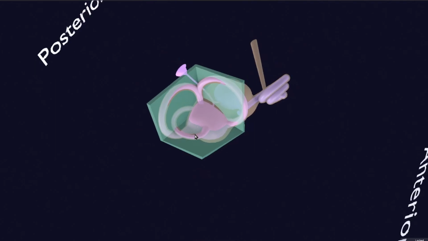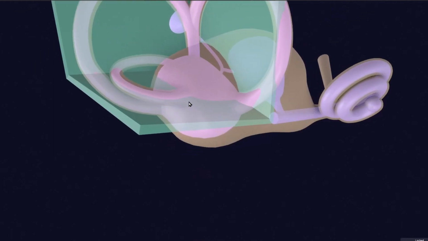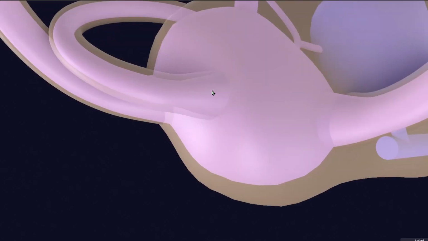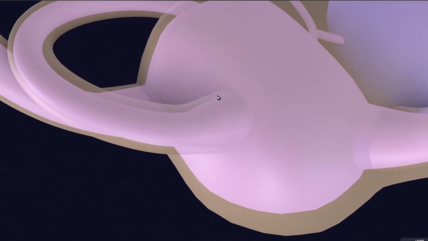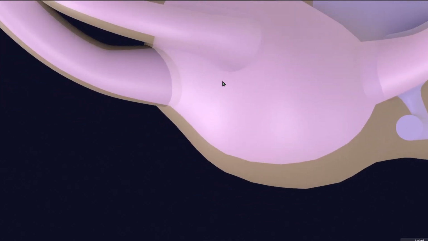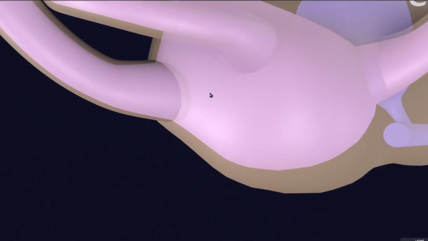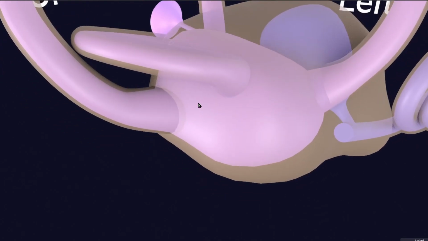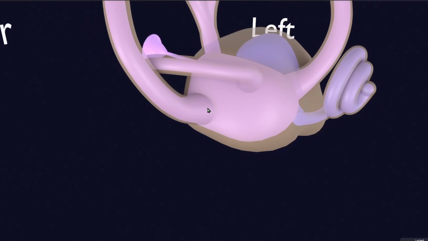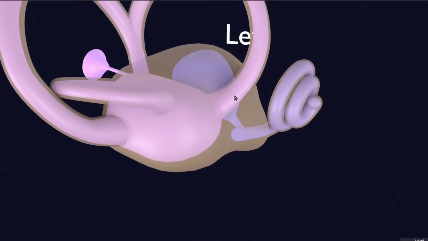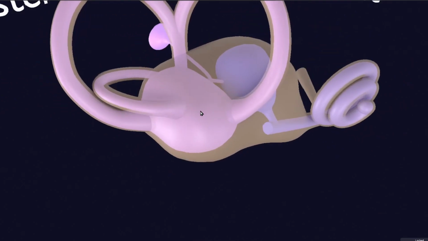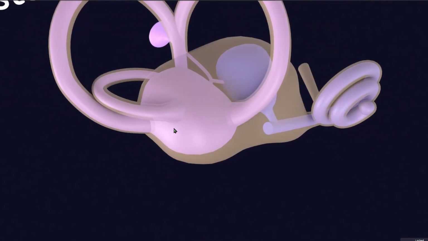Now in this lecture we want to look inside at what the sensory organ of the semicircular canal is and how it develops. Basically here we have these dilated ends of the semicircular canals. For example, here is one, here is the other one, and here is the third one. These are basically called ampulla of semicircular canals.